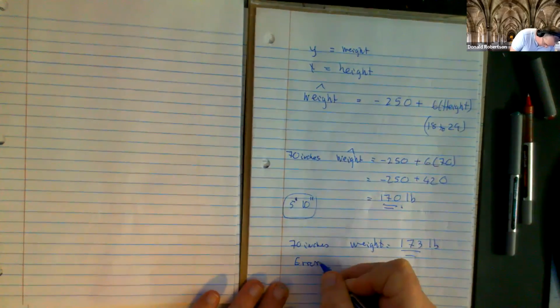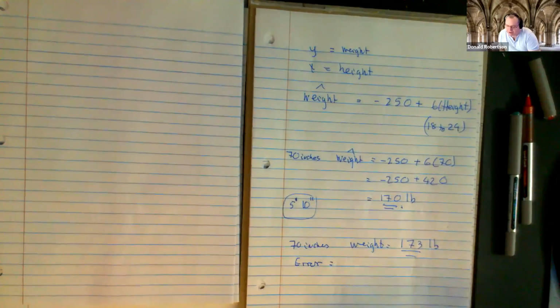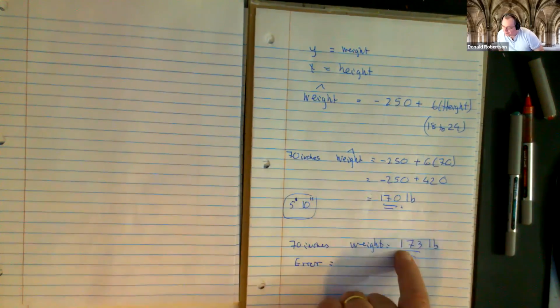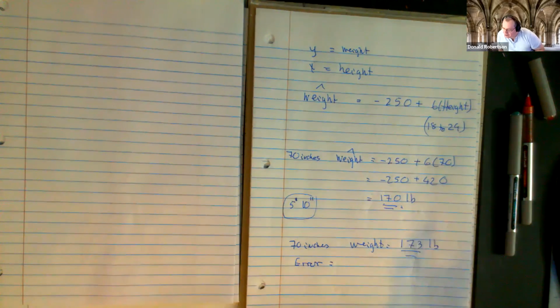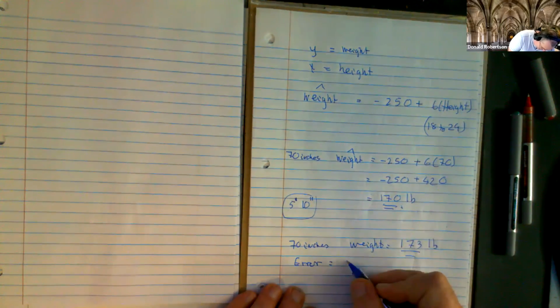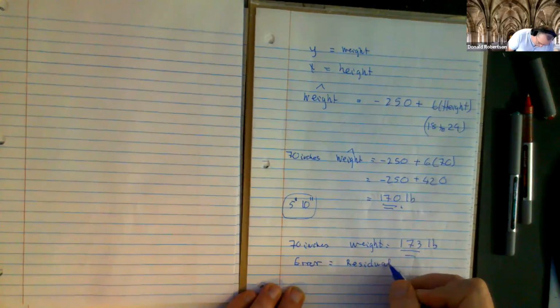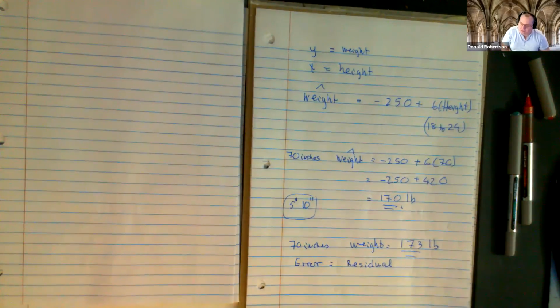One word for that difference is error. Would you say that I'm 3 pounds out? I predicted 170, but for this one person, it's 3 pounds out. For the next person I pick, it might be, you know, 10 pounds out or 10 pounds less, something like that. The error has a different name. We call it the residual. So if they ask you to find the residual, they're just asking you to find the error.